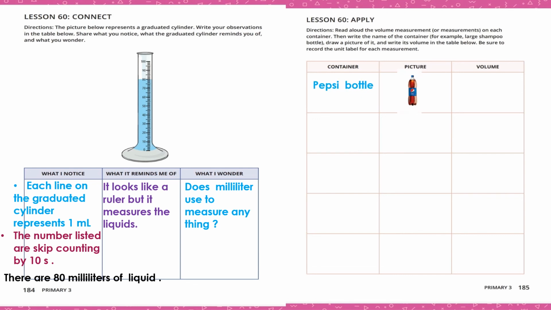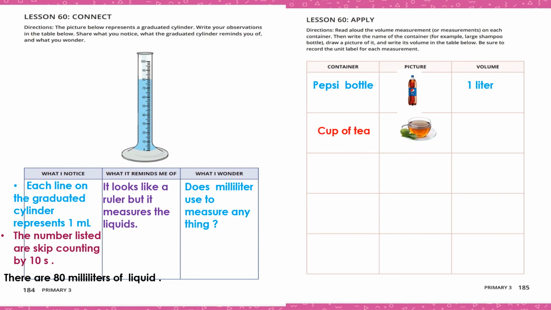Pepsi bottle, or the bottle of Pepsi, its volume what? Liter or milliliter? And the suitable number here and the unit here is what? 1 liter or 2 liter or 3 liter, okay?